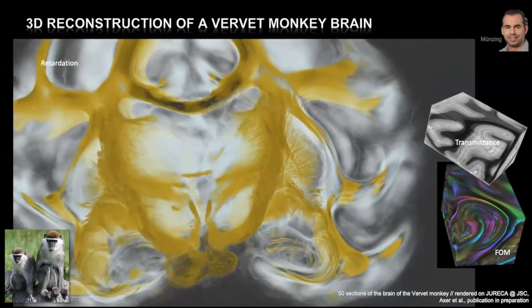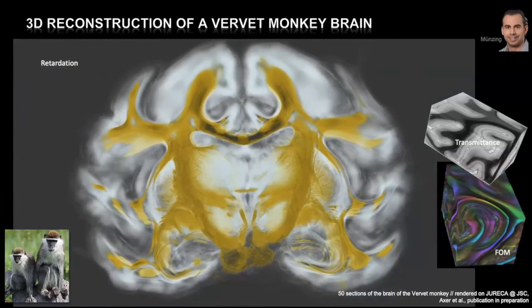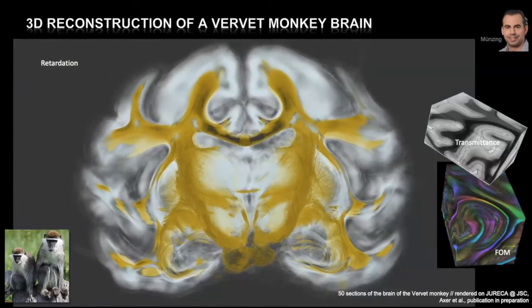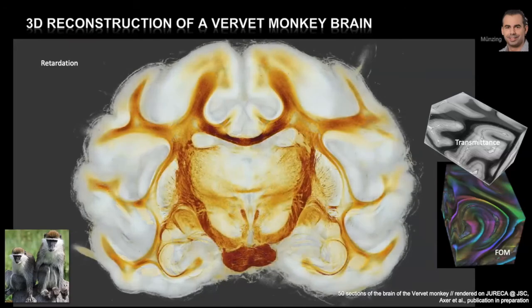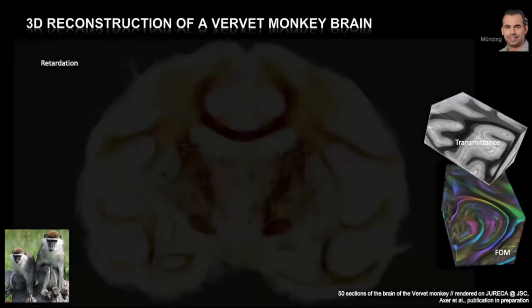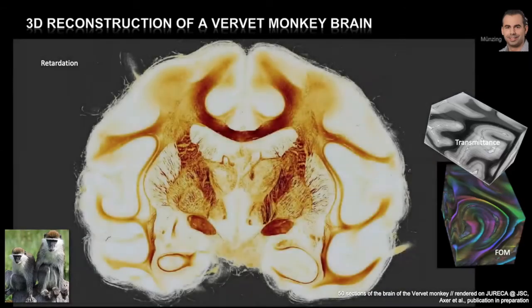So this data set itself, just these 50 sections, is about half a terabyte in size, and yeah, you cannot do the rendering easily on your home computer.